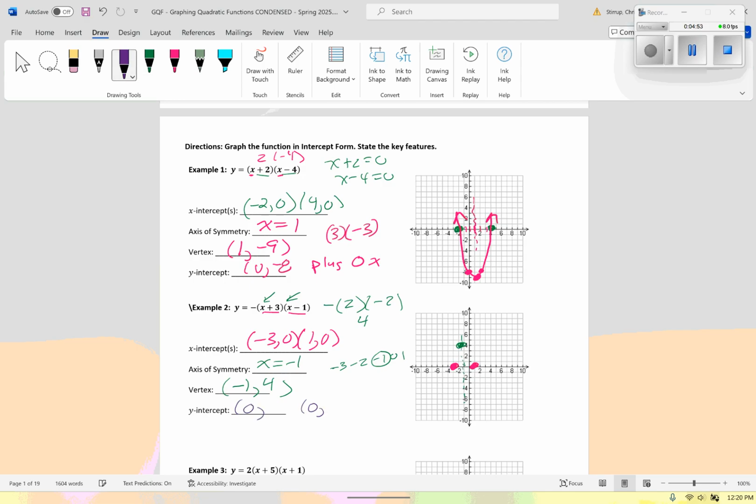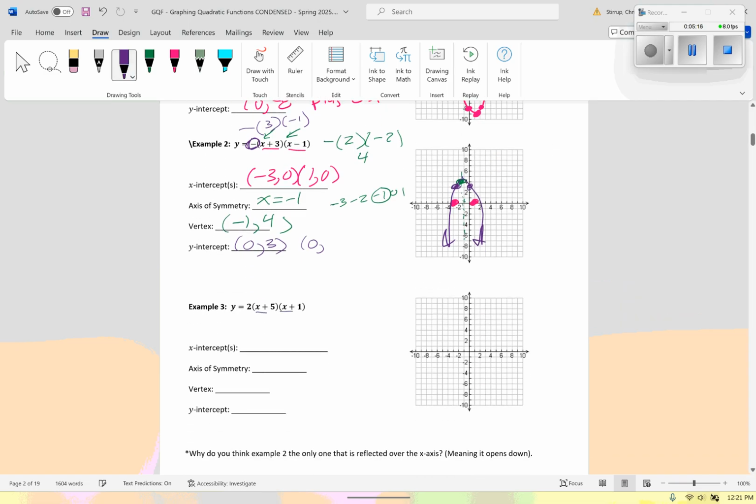So I plug it in here, so I get negative. 0 plus 3 is 3. 0 minus 1 is negative 1. So that's going to give me positive 3. So 0, 3, which is right there. This point over here also reflects out part of it. That becomes my parabola. Notice it opened upside down. It opens upside down because of that negative out front there.